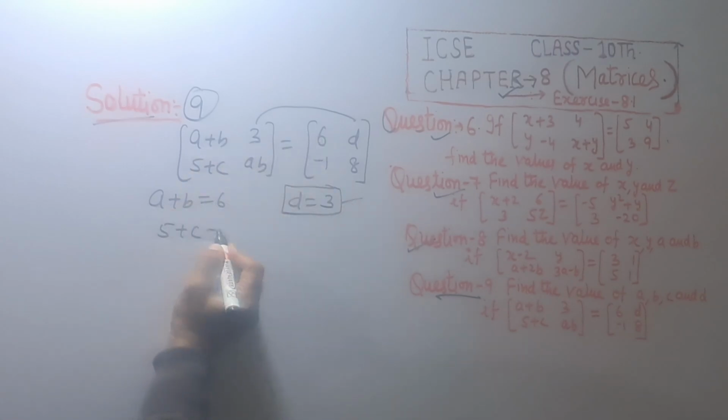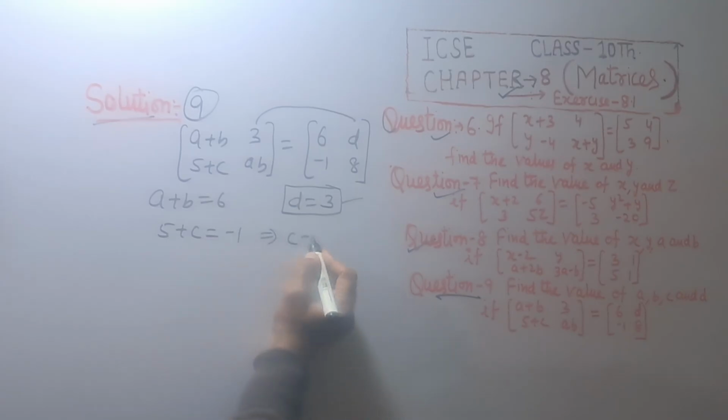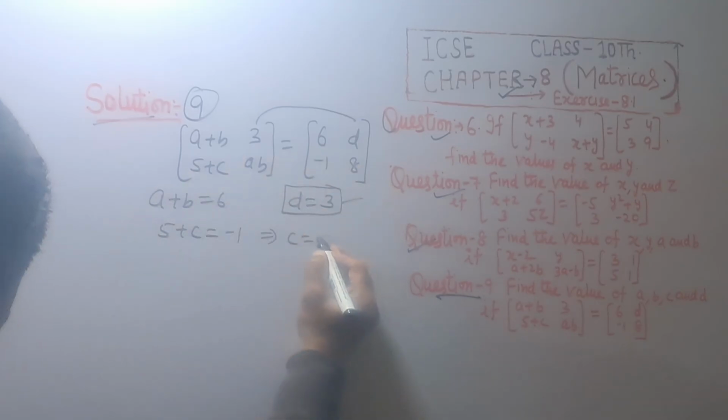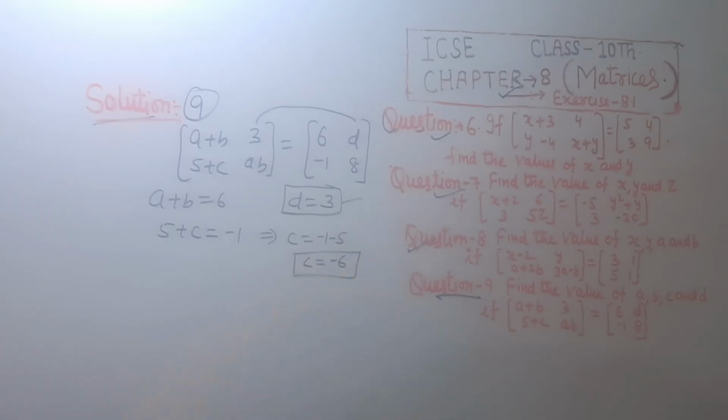5 plus c is equal to minus 1, which implies c is equal to, shifting right side, minus 1 minus 5. We get the value of c is equal to minus 6, and ab equal to 8. So b is equal to 8 upon a.